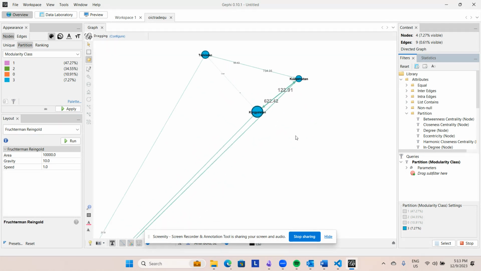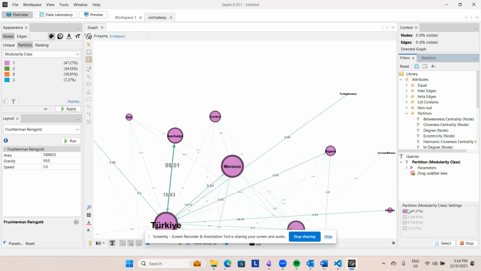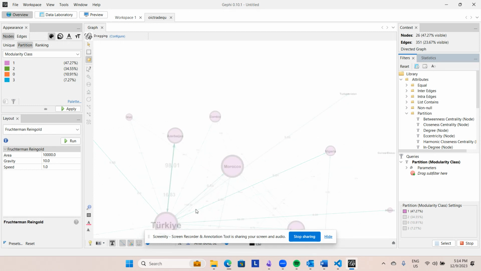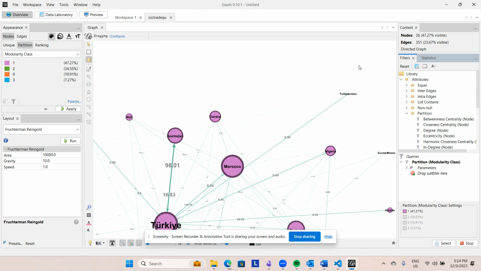However, what we expect is a kind of efficiency, like this group. For example, Turkmenistan is also in Central Asia. However, it's in group number one. That's why we can say that we expect one single group as OIC countries, not subgroups.